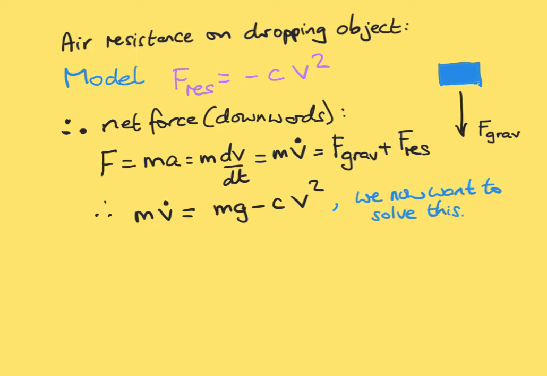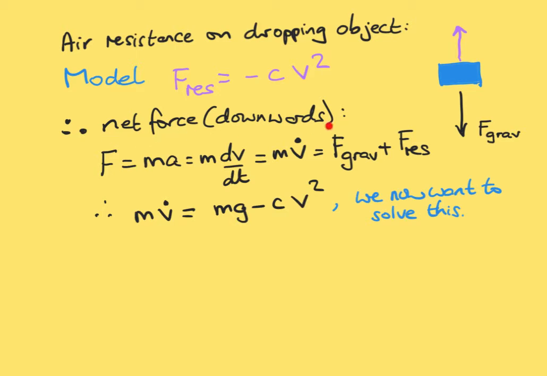So because I am considering an object which is falling downwards, air resistance is going to be acting upwards like this, and I put in a minus sign to show that it is acting upwards. And C is a constant which will depend on the object itself. For example, if you flatten out the object and have a larger area, then C would be larger, but I'm just going to treat it as a constant and not worry about the details of it.